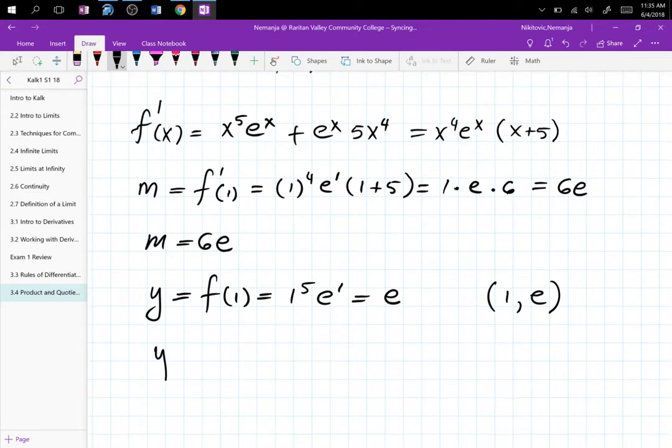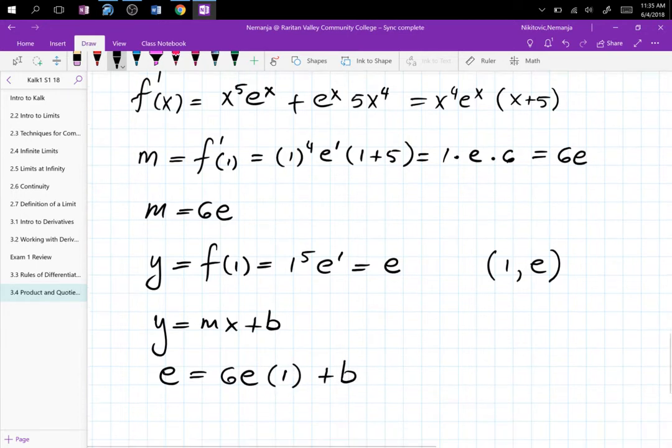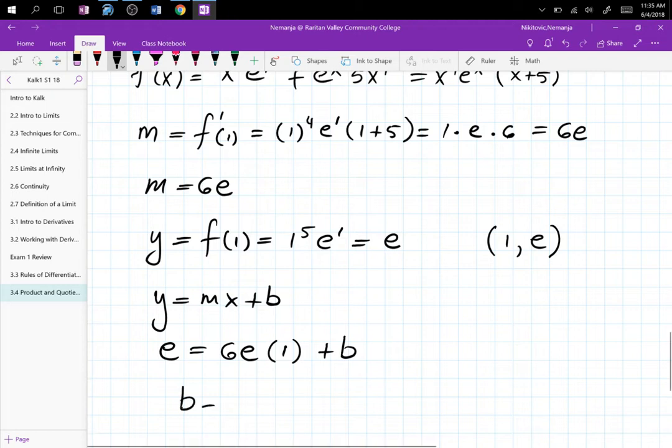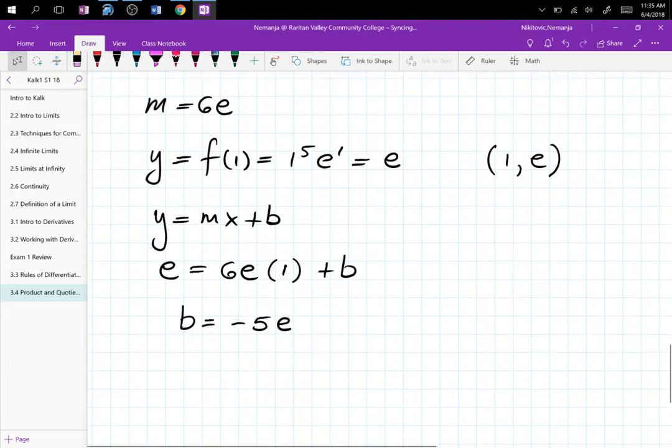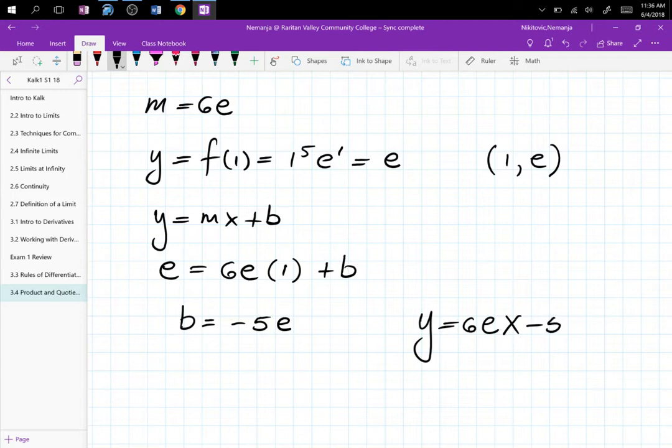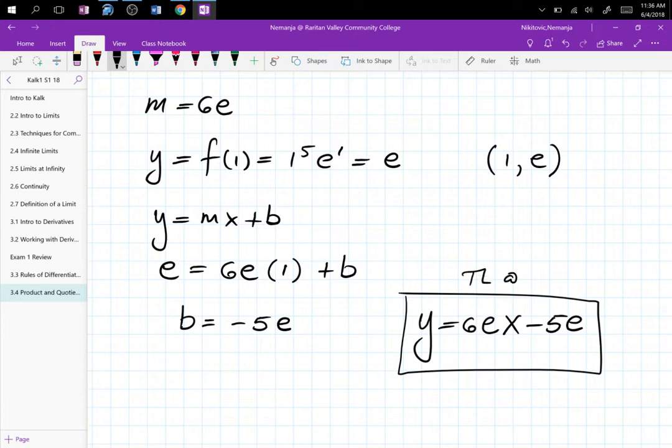So y equals mx plus b. y is equal to e, m is 6e, x is 1, plus b. So b is equal to negative 5e, because you have e minus 6e. So the tangent line is y equals 6e x minus 5e. That's the tangent line at x equals 1 for the function given.